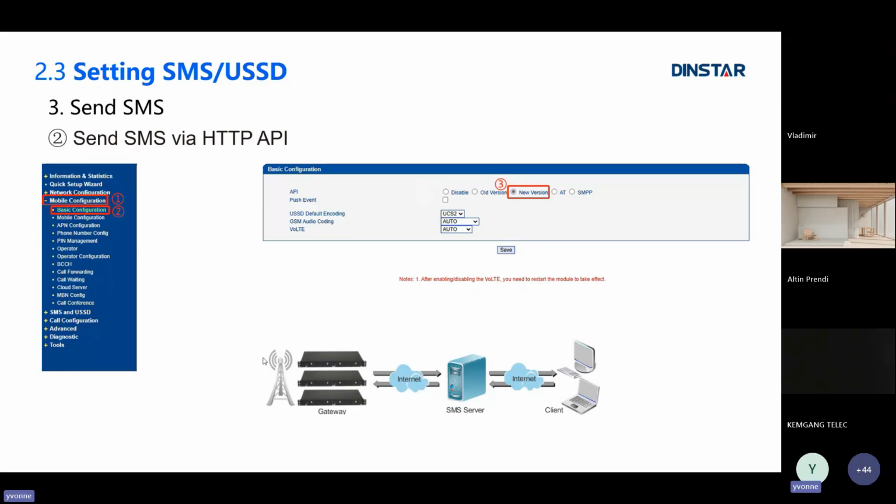The HTTP API allows seamless integration with third-party systems, such as enterprise applications or notification platforms. For example, a bank system can use this API to send transaction SMS alerts directly through our UC2000.